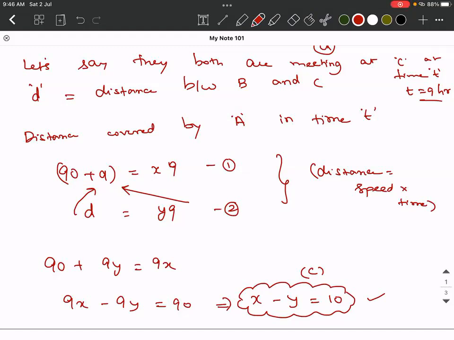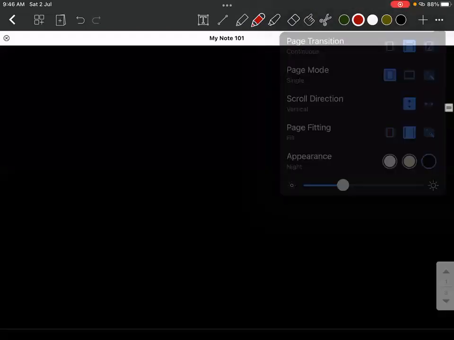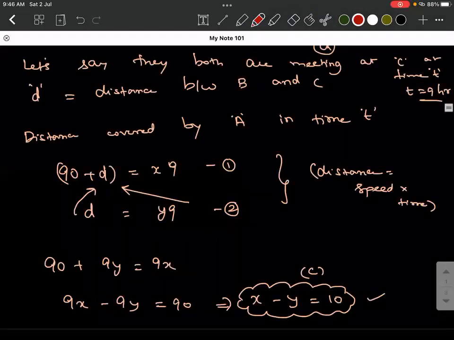Okay. This is better. Because white means we'll have reflection from everywhere.